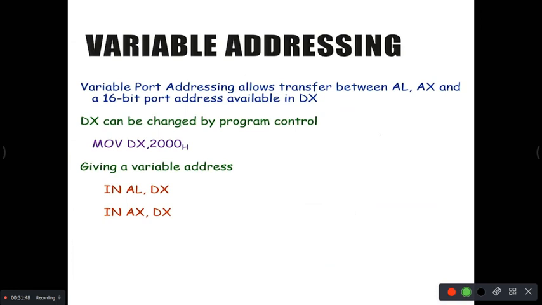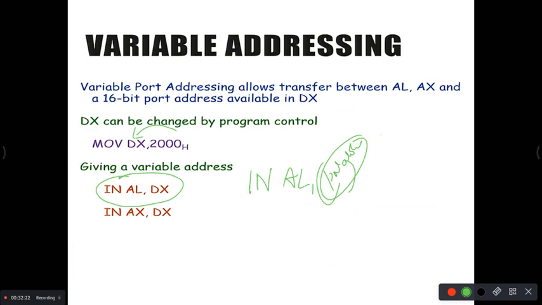In the IN instruction, this is also possible. This is just programming. We are writing IN AL, port address. If this is a 16-bit port address, you can put the port address in the DX register, and then write IN AL, DX.